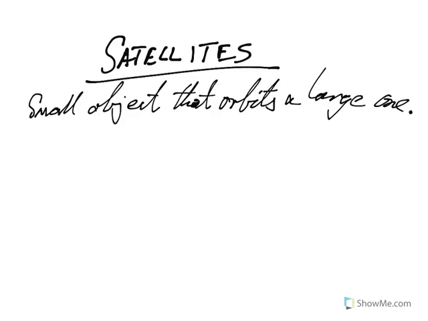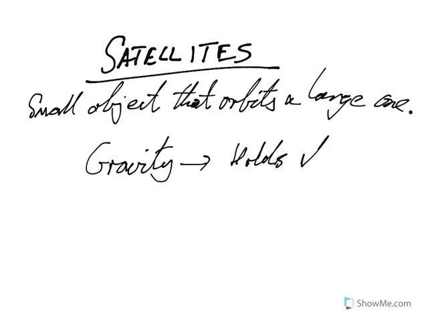But the thing that all satellites have in common is that gravity is acting, and not only does gravity act, but it holds the satellite in orbit around the body that it's going around.